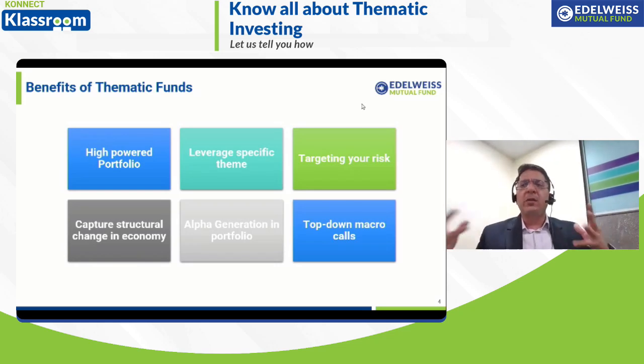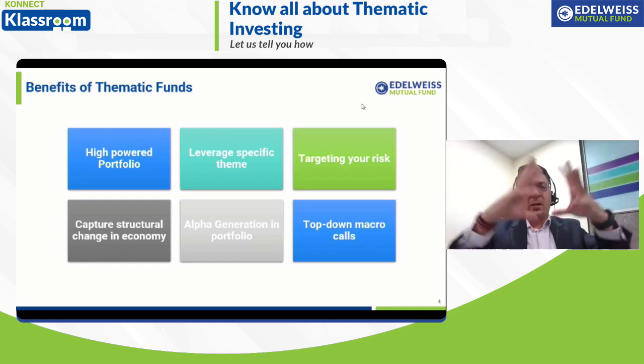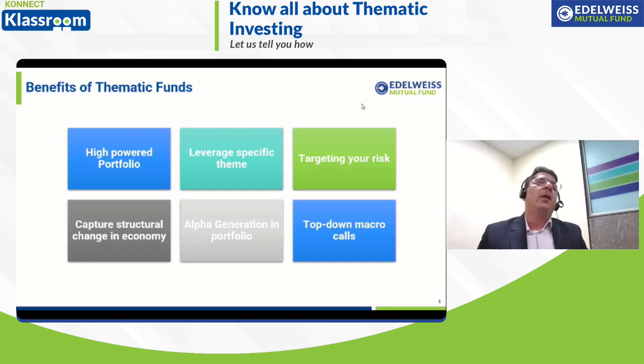It is basically a top-down macro call basis that theme, so in that theme, the entire universe gets identified, and then basis that a portfolio gets created. So it's a very top-down macro look, which gives you a well-balanced portfolio under the theme.